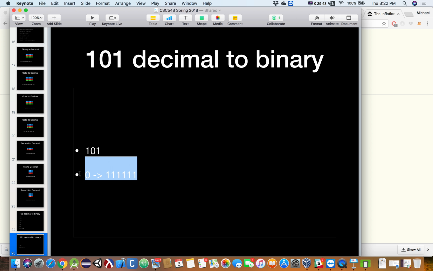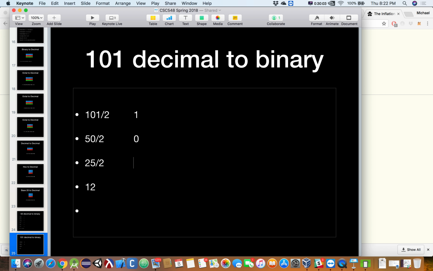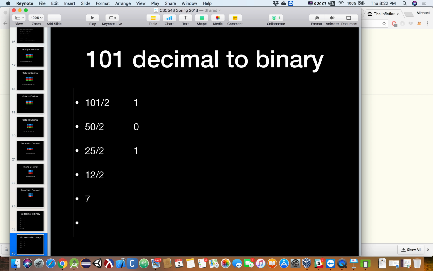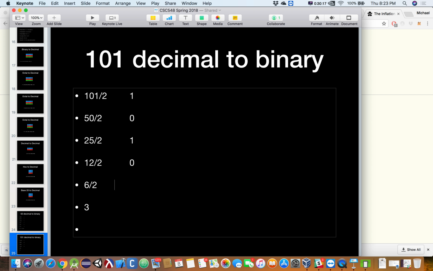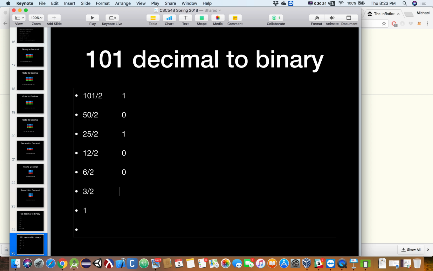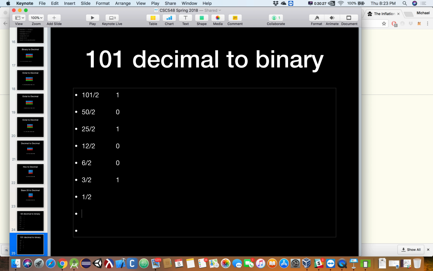All right, so 101 divided by 2 is 50, remainder 1. 50 divided by 2 is 25, remainder 0. 25 divided by 2 is 12, remainder 1. 12 divided by 2 is 6, remainder 0. 6 divided by 2 is 3, remainder 0. 3 divided by 2 is 1, remainder 1. 1 divided by 2 is 0, remainder 1.